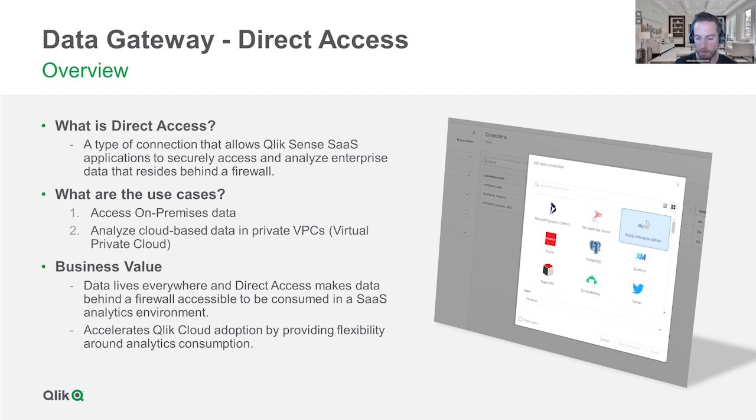So the developer has no idea that his data is not hosted in the cloud, but that the data is just on-premise. So your Qlik Sense environment runs in Qlik Cloud, and your data can remain on-premise. So it's actually very simple.